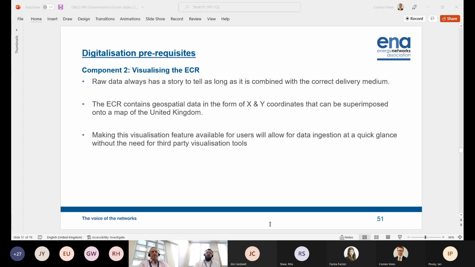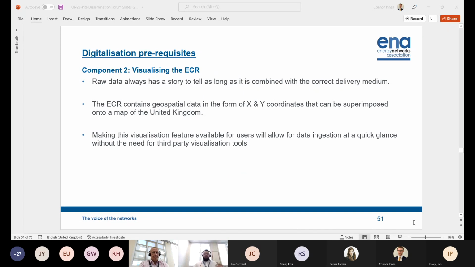The second component is very much the visualization component. As we all know, raw data has always got a story to tell, as long as it is combined with the correct delivery medium. In this case, the ECR includes geospatial information in the form of X and Y coordinates.